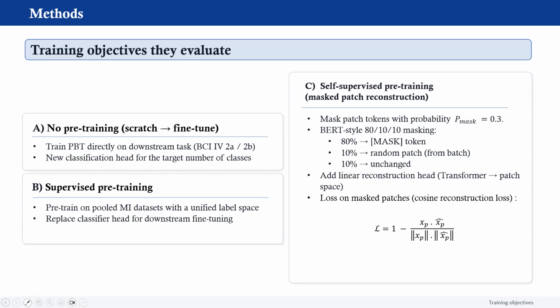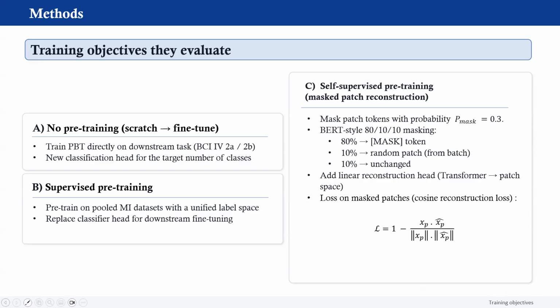But in the context of EEG, you need to ensure that the reconstruction task is not trivial. EEG signals are recorded as voltage differences between a sensor and a reference electrode. So as a result, the signal from a sensor positioned spatially between two other signals can be approximated as the mean of the two adjacent sensors.